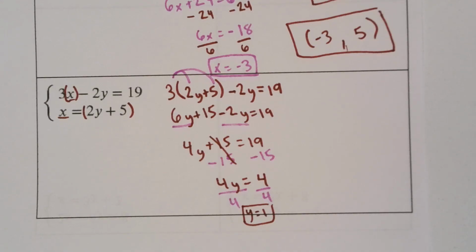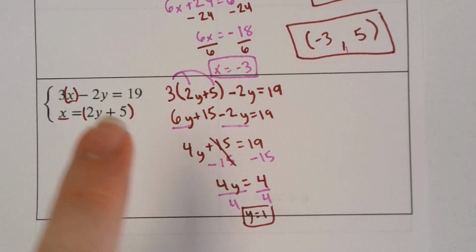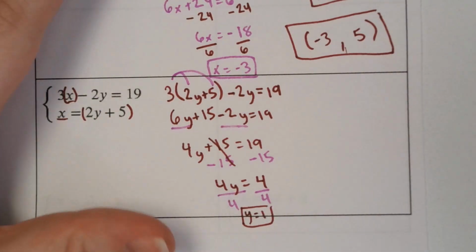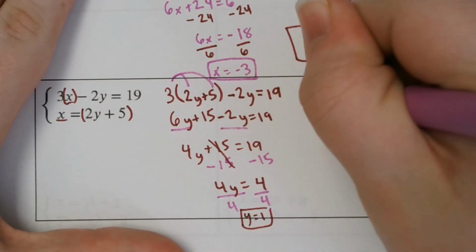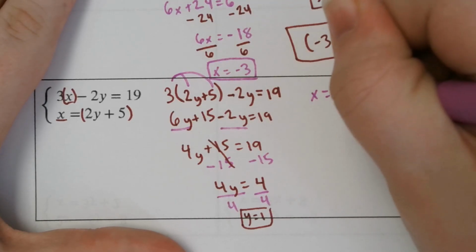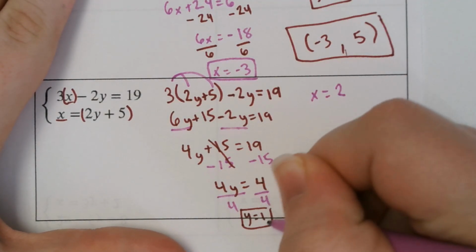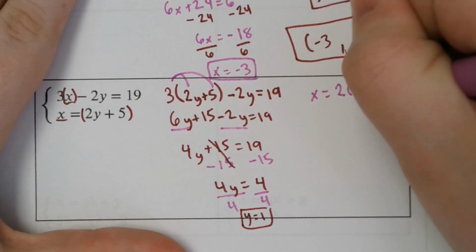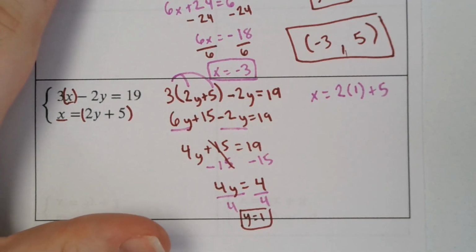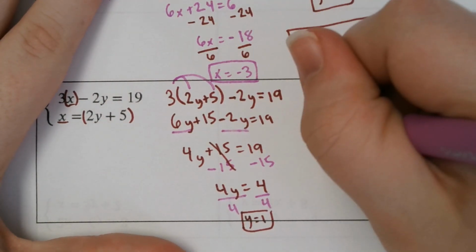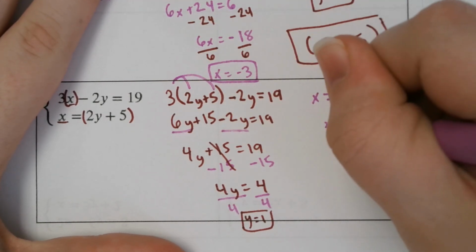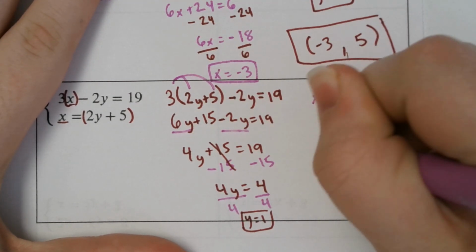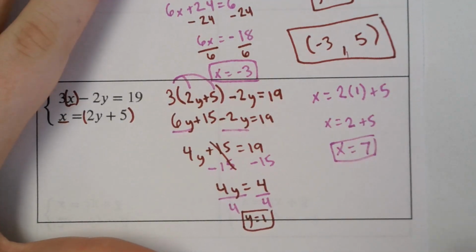Okay, now we take what we found and we plug it in to our other equation. So x equals 2, and then instead of y, we're writing what we found, which was 1. So x equals 2 times 1 is just 2, plus 5 would be 7. Yeah.